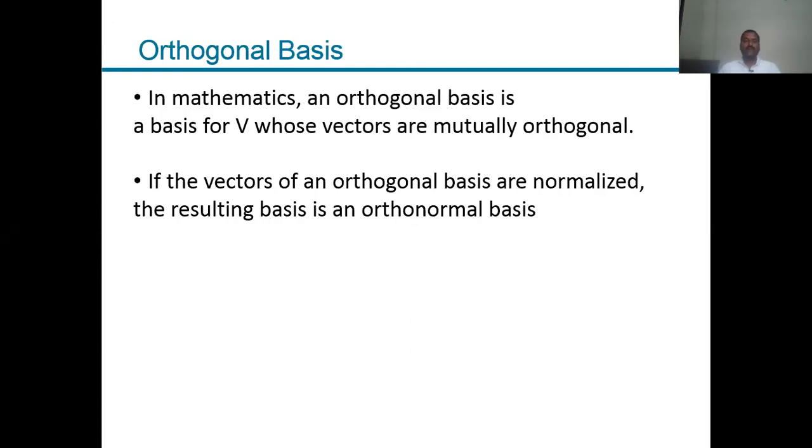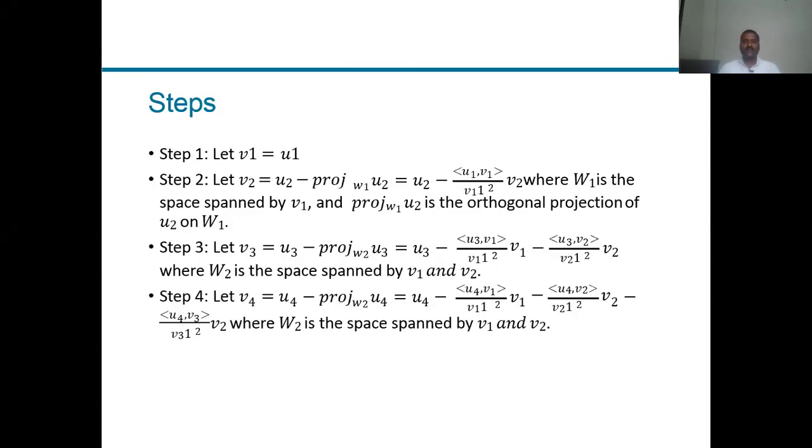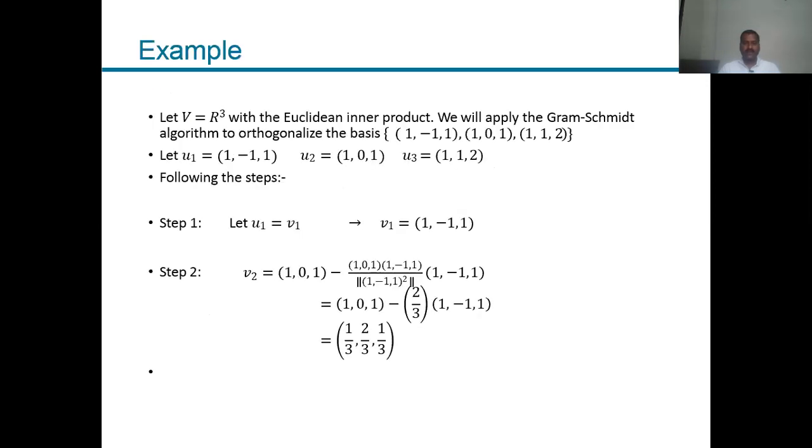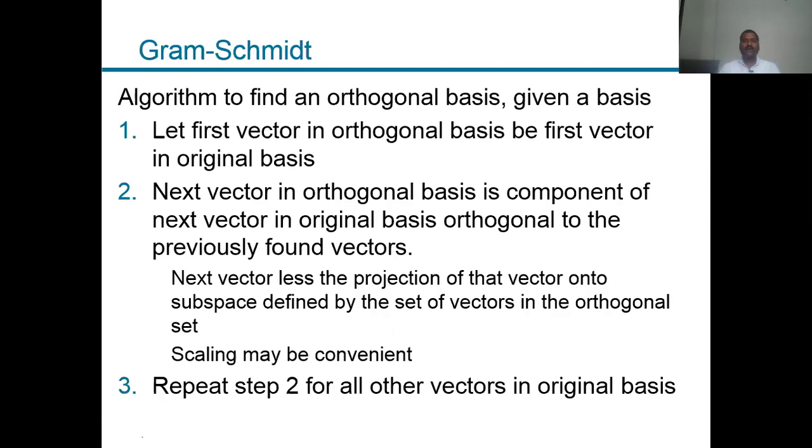So first we convert into an orthogonal basis, then we just normalize them, and we get an orthonormal basis. The procedure we discussed earlier is kept on the slide here. You can go through it. And here is an example. It's the same example, which I put on the slide here.